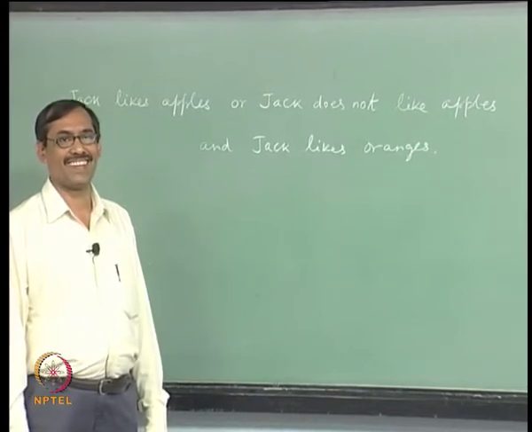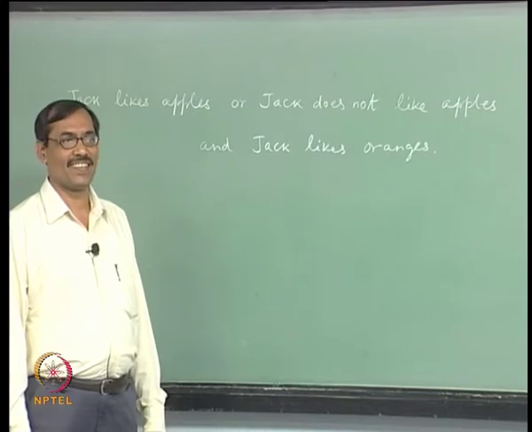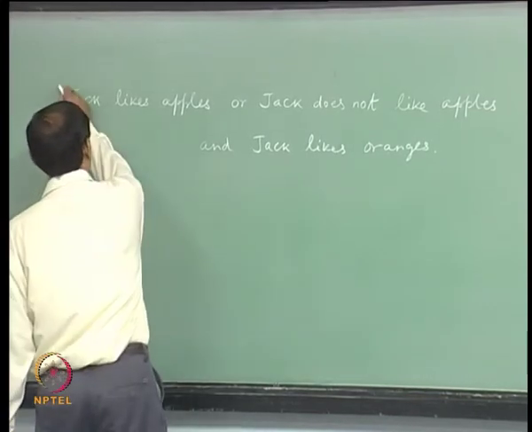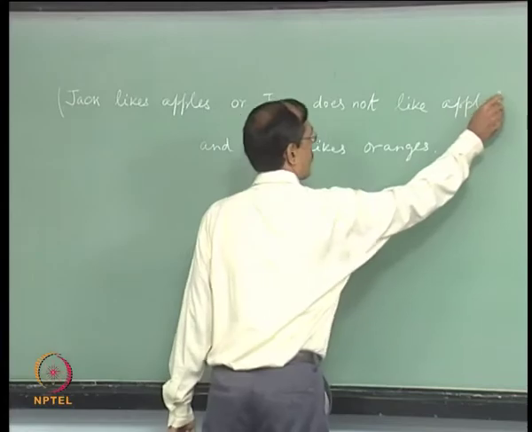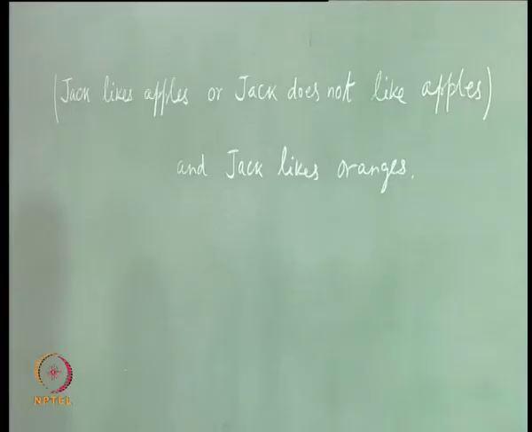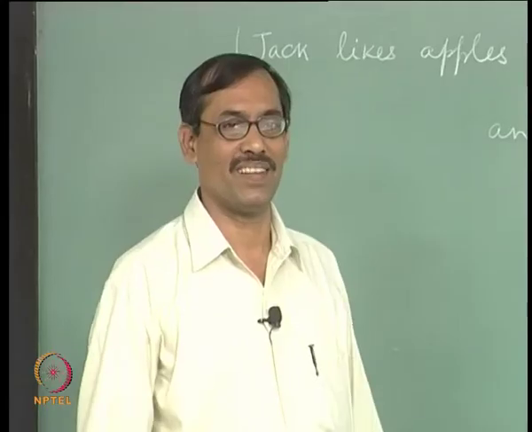Now you have to decide. Well, suppose I think of this way, right. Now I can say yes, Jack likes oranges, because the first one within those two parentheses I am not bothered about. It is anyway there, it does not matter, whatever it is.